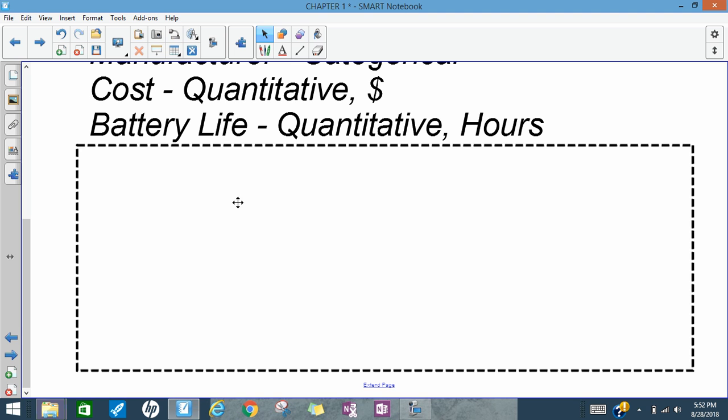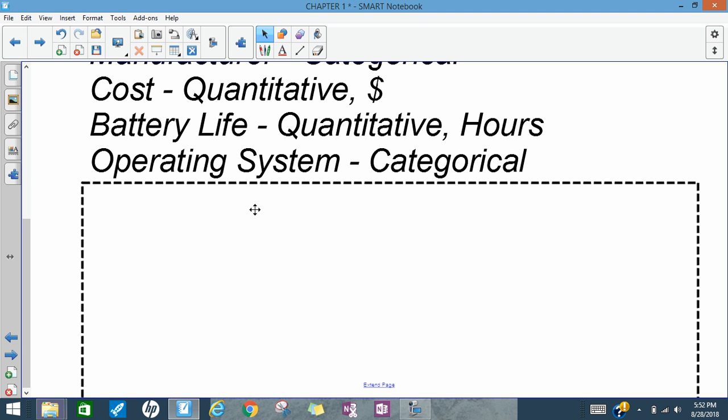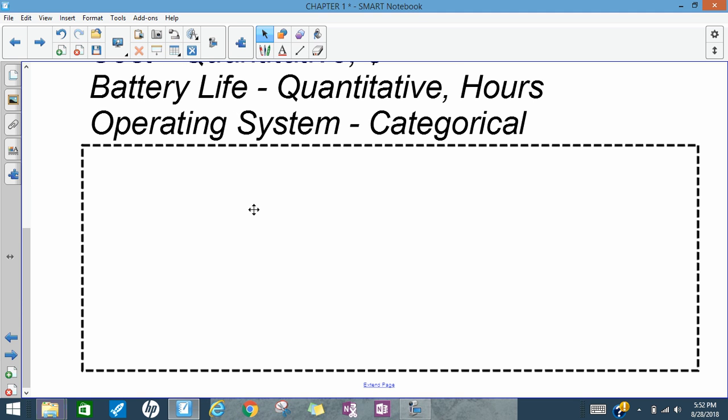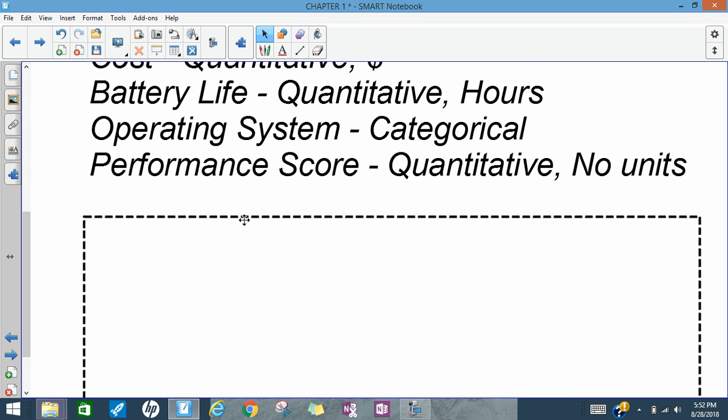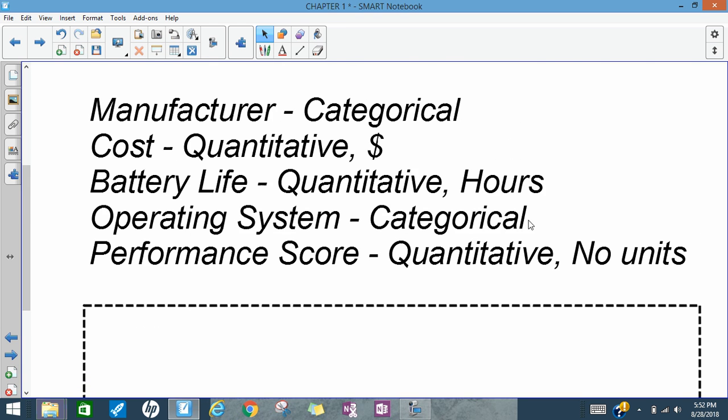How many hours does the battery last? Operating system is categorical. It's either an iOS, an Android, or an RIM, which for those of you who don't know, I believe is associated with BlackBerry. And then of course performance score, which is quantitative. There's no units attached to this, but you're not being put into a category when you're given a score. This is something that's quantitative.